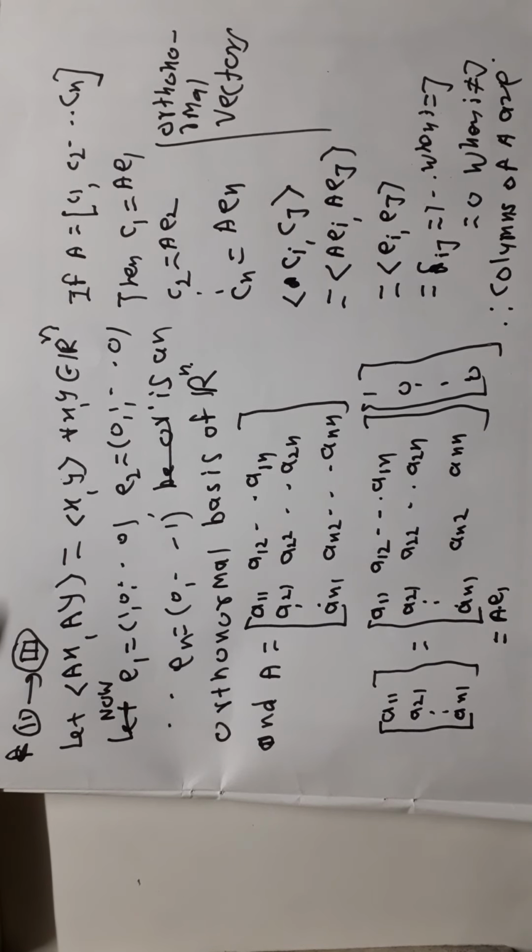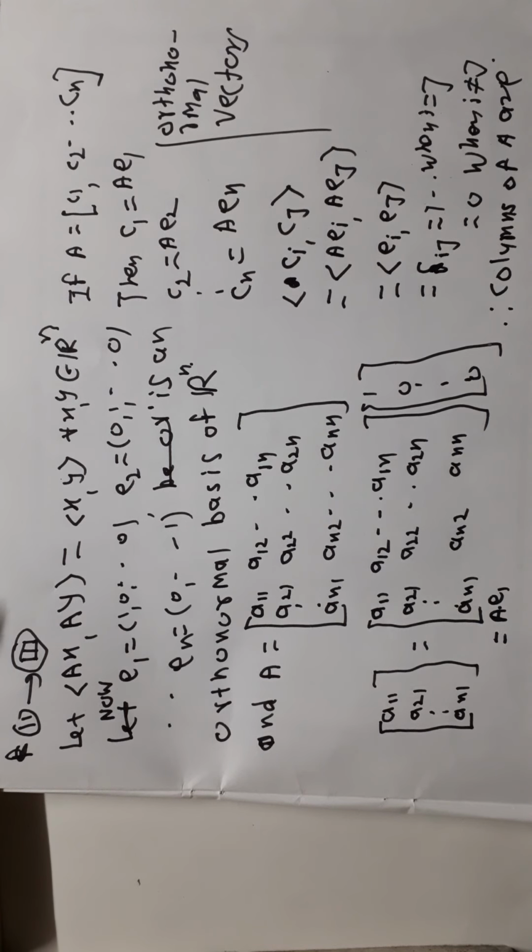If A is denoted by C1 C2 Cn, जिथे C1 हा A चा फर्स्ट कॉलम आहे, C2 हा A चा सेकंड कॉलम आहे, Cn हा A चा nth कॉलम आहे, तर C1 बरोबर AE1, तसंच C2 AE2, Cn AEn. आता बघा, तर अँगल ब्रॅकेट Ci Cj म्हणजे ith कॉलम आणि jth कॉलम यांचा इनर प्रॉडक्ट इज इक्वल टू अँगल ब्रॅकेट Ei Ej.